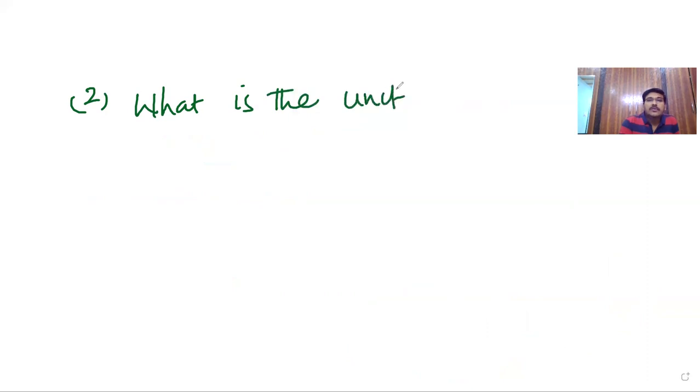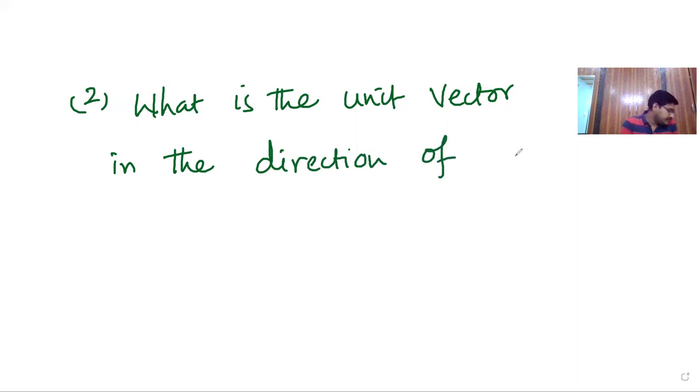Here I write the second question. What is the unit vector in the direction of A bar equal to 5 i bar plus j bar minus 2 k bar?